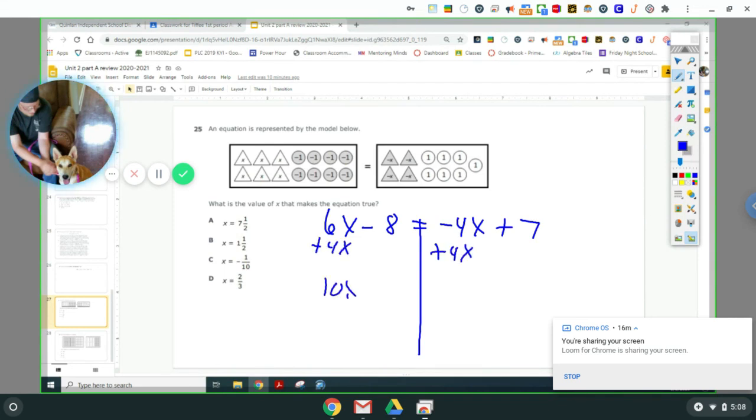So you get 10x minus 8 equals 7. So then you add 8 to both sides, and you get 10x equals 15. And then you're going to divide both sides by 10. And so when you do that, you get x equals 1.5, which is B. So the answer to 25 is B.